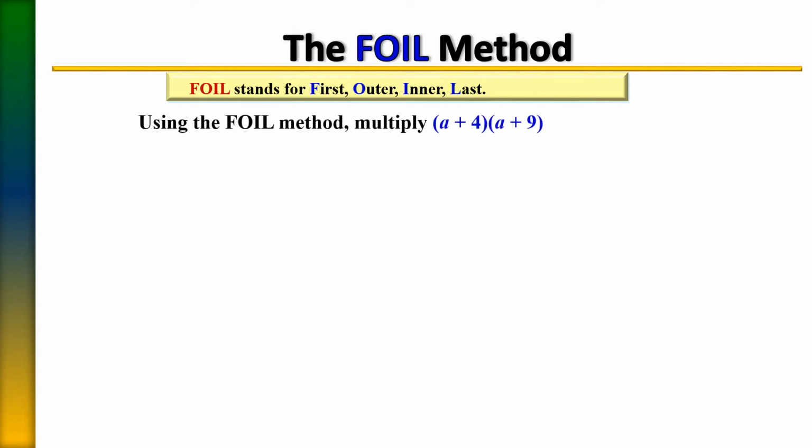Here we're going to multiply these two binomials, a plus 4 times a plus 9. We have two binomials, and whenever you have two binomials, you can use the FOIL method to multiply the numbers. So first, the first term of the first binomial with the first term of the second binomial.